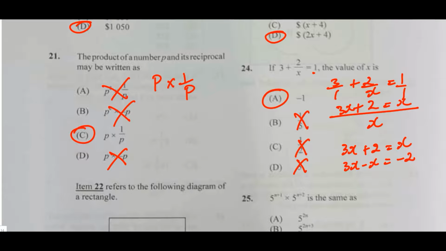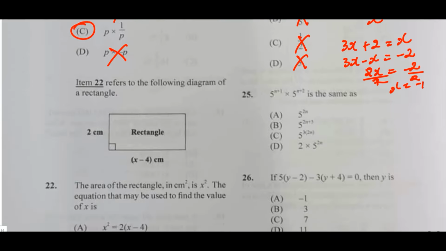So 2x is equal to negative 2. Divide both sides by 2. So x is equal to negative 1. But some students need to check their answers, so go ahead and check your answers.